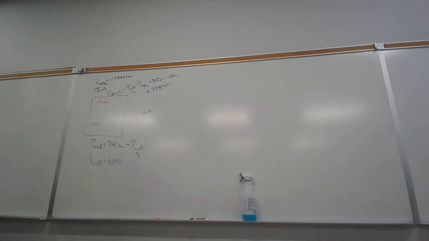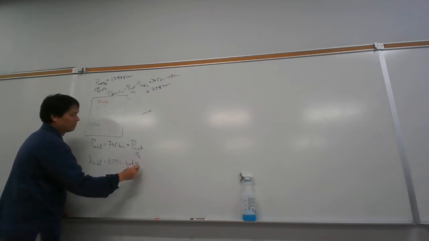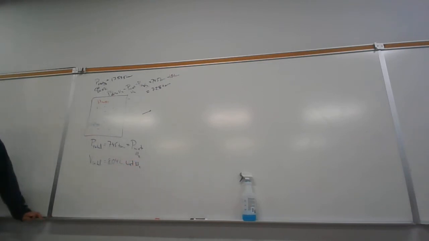So how much hydrogen do I have? Well, I know I have 8.04 liters of wet hydrogen. If I have 8.04 liters of wet hydrogen, how many liters of dry hydrogen do I have? 8.04 liters.